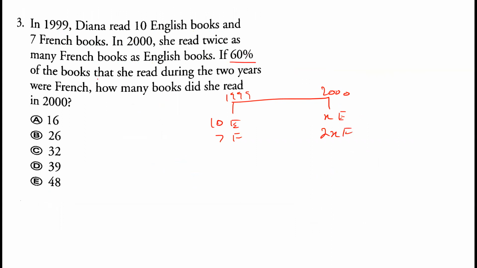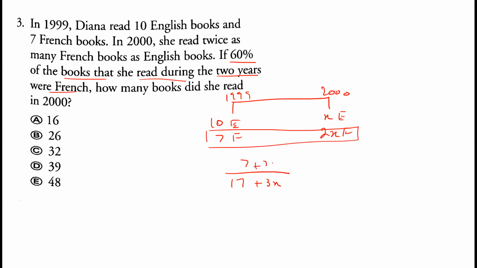Now 60% of the books that she read during the 2 years were French. How many total books did she read? She read 10 plus 7, which is 17, plus 3x. Out of which, 7 plus 2x were French, and that is 60% of the total books.